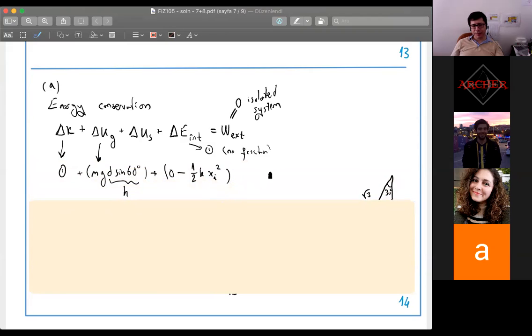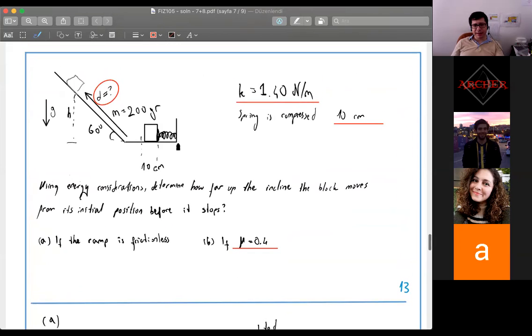So, concerning the kinetic energy, no change. Initial kinetic energy is the same with the final kinetic energy. Why? Simply because the object was at rest, both initially and finally. Next, change in the gravitational potential energy. If we say that this height is zero, then initial gravitational potential energy will be zero.